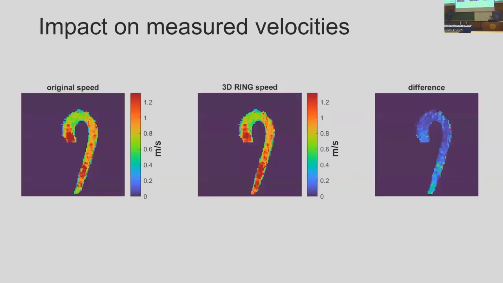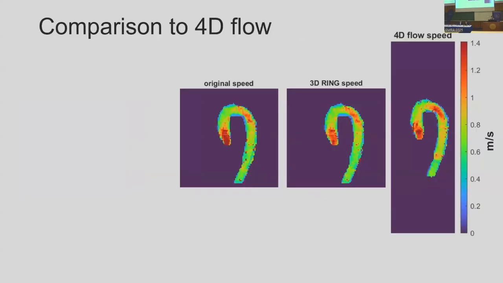And so you can see that in this example here, the 3D ring corrected data is in the middle, and there is a decrease in the ascending aorta peak velocity, but the majority of the changes did happen around the edges of the image. But also interestingly, the decreased ascending aorta peak velocity actually looked more similar to what we saw in 4D flow in the same subjects.